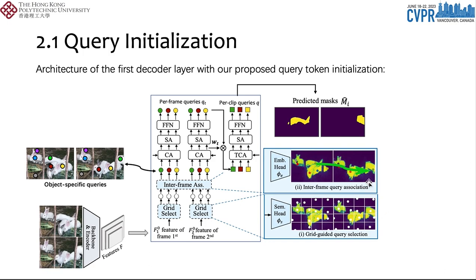To improve temporal consistency, we calculate the embedding similarity of queries between adjacent frames to roughly align queries. Finally, the initial query tokens are input into the decoder layers to decode discriminative query embeddings, which can distinguish occluded or crowded objects well across frames.